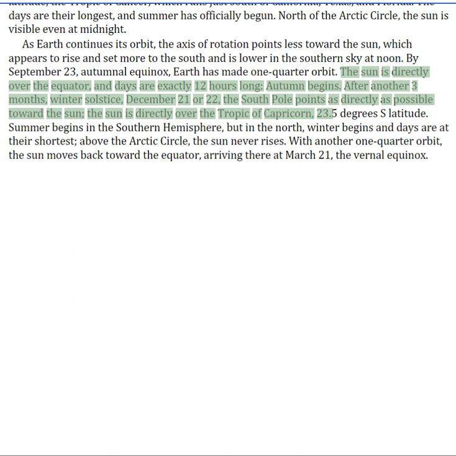The sun is directly over the Tropic of Capricorn, 23.5 degrees south latitude. Summer begins in the southern hemisphere, but in the north, winter begins and days are at their shortest, above the Arctic Circle. The sun never rises. With another 1/4 orbit, the sun moves back toward the equator, arriving there at March 21st, the vernal equinox.